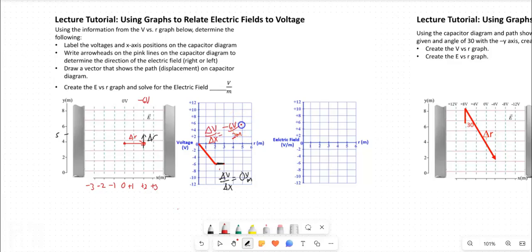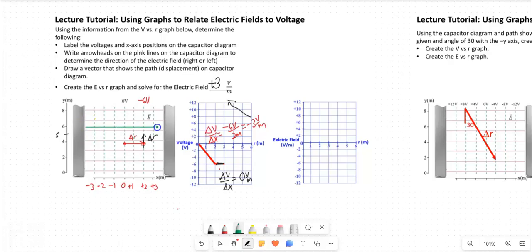So this is going to work out to be negative 3 volts per meter change in slope. But again, we got to turn this into a positive. So this is going to be a positive 3 volts per meter, which means our electric field has to be pointing to the right. This is saying that our electric field has to be pointing to the right.